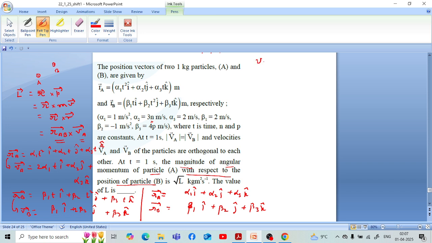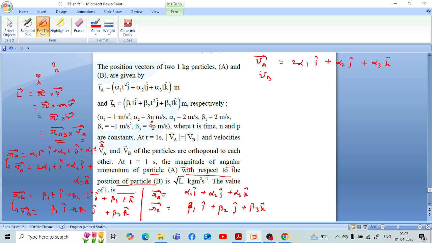Similarly, VA, by putting t equals 1 in the equation of VA, which we have calculated earlier. So VA comes out to be 2 times alpha 1 i cap plus alpha 2 j cap plus alpha 3 k cap.